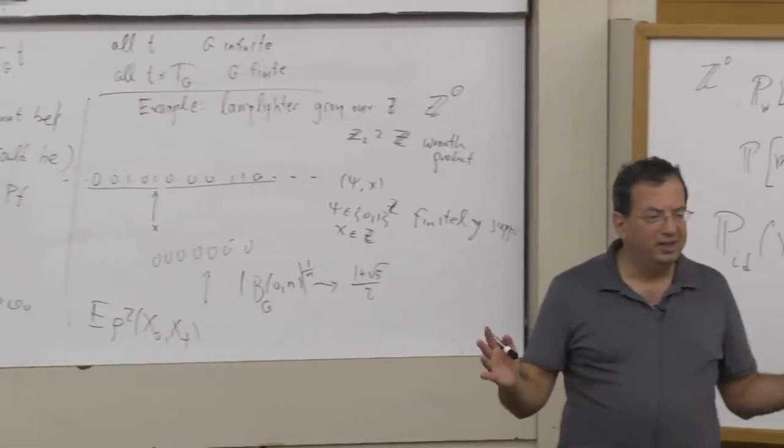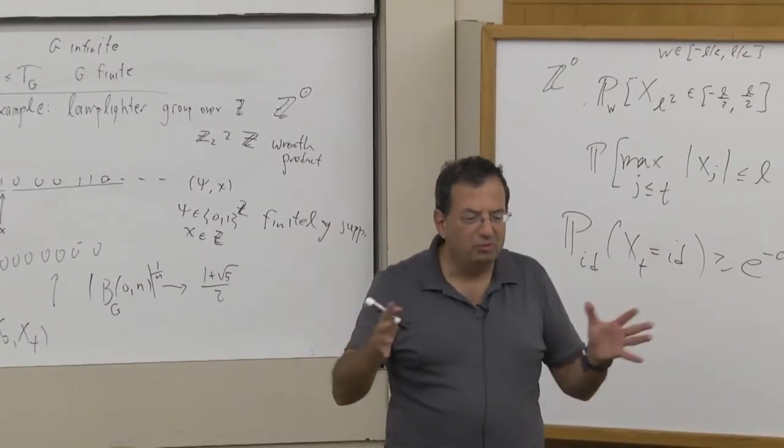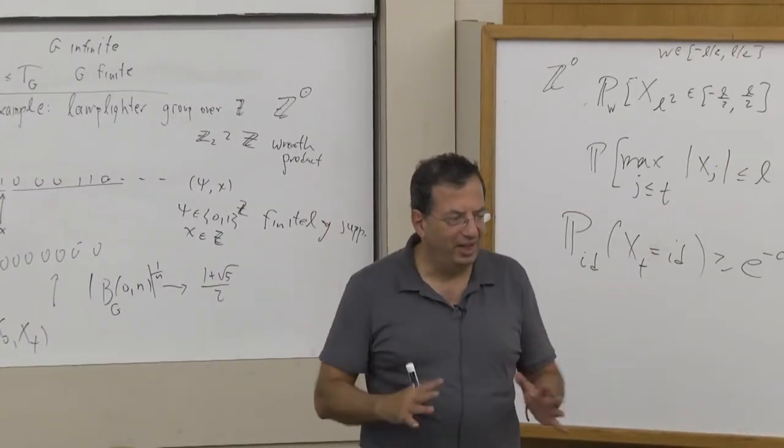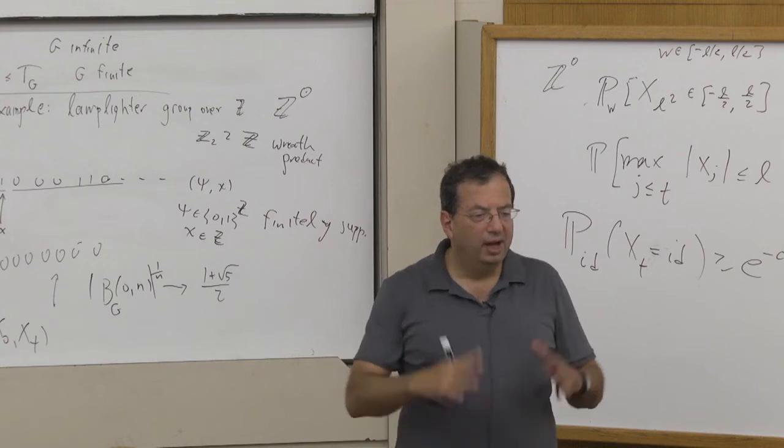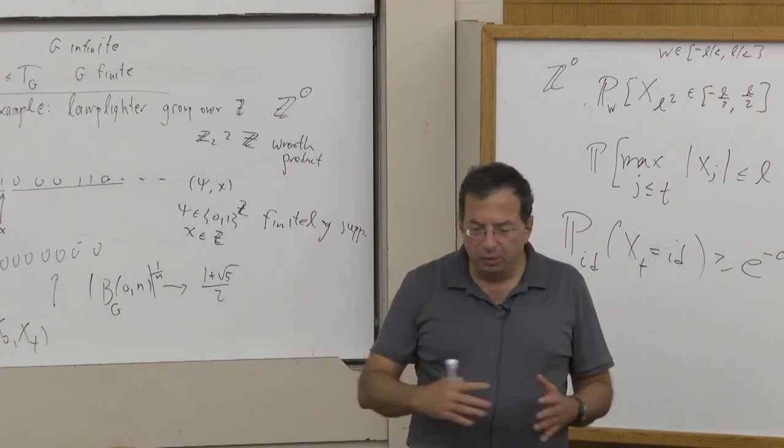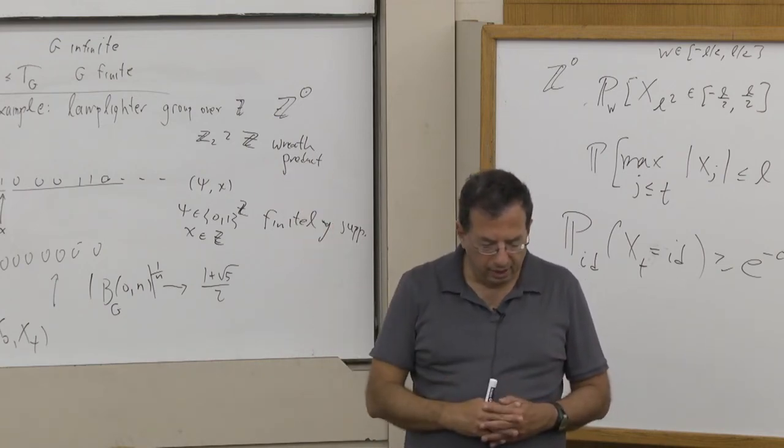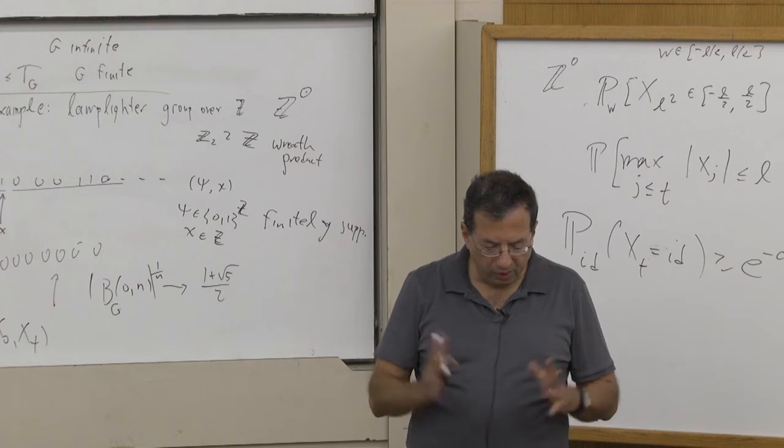Again, I'm going to refer to some non-elementary things. Later we'll give elementary proofs. If the group is non-amenable, the walk has a positive speed, so everything is true.